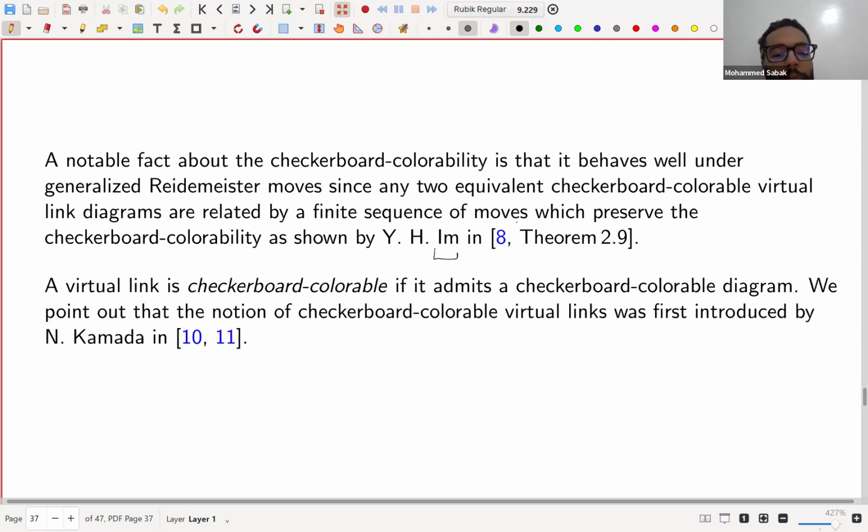A virtual link will be said to be checkerboard colorable if it admits a checkerboard colorable diagram. This notion was introduced by Kamada.